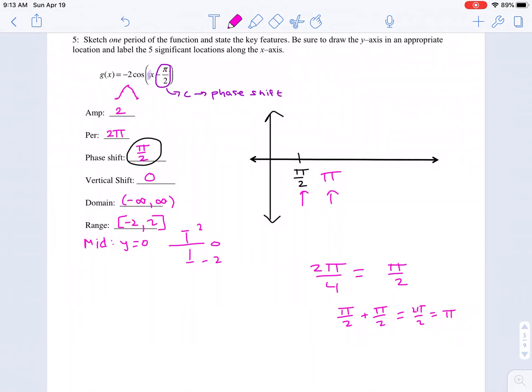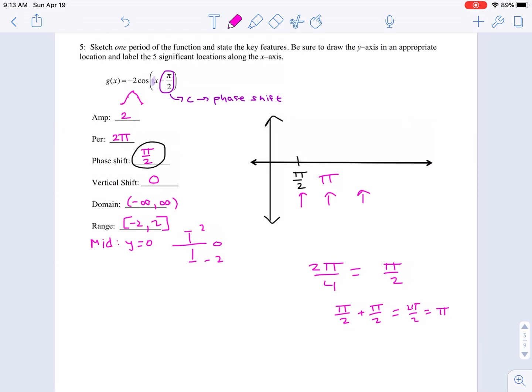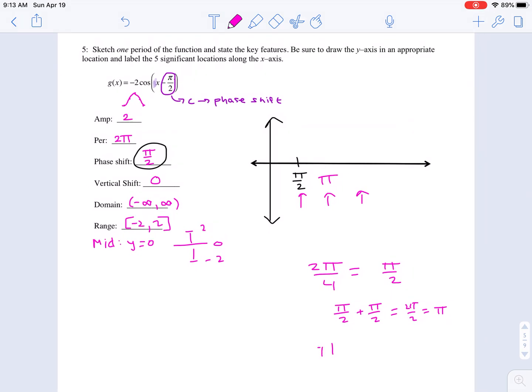Okay, so now I need to find my next interval. I'm going to add pi over 2 again. So now pi plus pi over 2. Okay, well, we might need to make some common denominators here, right? So instead of pi, I can have 2 pi over 2. And that gives me 3 pi over 2.